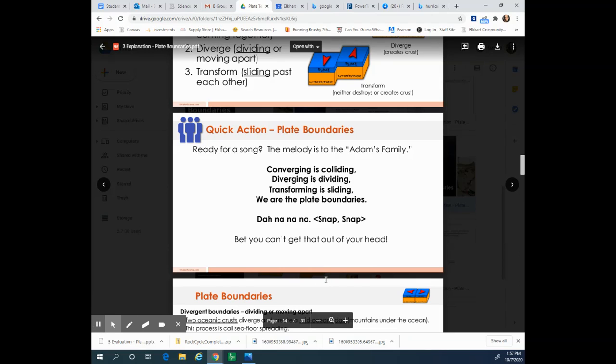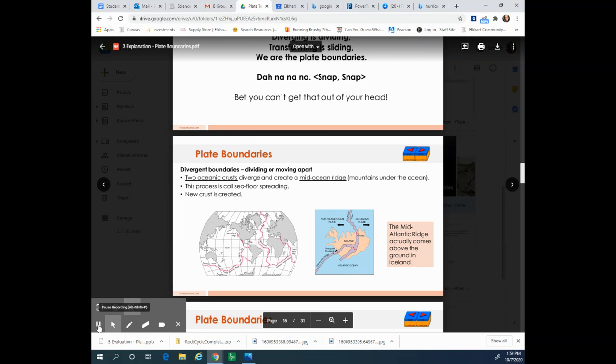So this helps you understand what each one of these plate boundaries do. Divergent boundaries, dividing or moving apart, is when two oceanic crusts diverge and create a mid-ocean ridge, which are mountains under the ocean. I want you to think of ridges as underwater mountains.